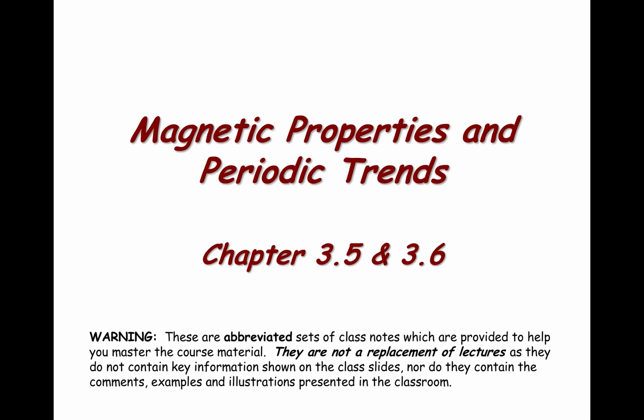In this section, we're going to be talking about using orbital diagrams to understand the magnetic properties of the various elements, and then we'll discuss any kind of periodic trends associated with systematic changes of the elements.